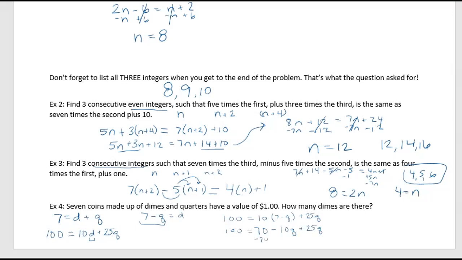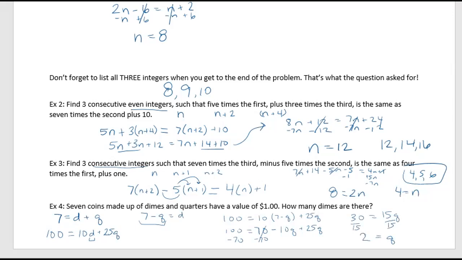I'm going to subtract the 70 on both sides, and then I'll add this together at the same time. So 100 minus 70 is 30. 25Q minus 10Q is 15Q. I divide by 15, and I get that Q is equal to 2.